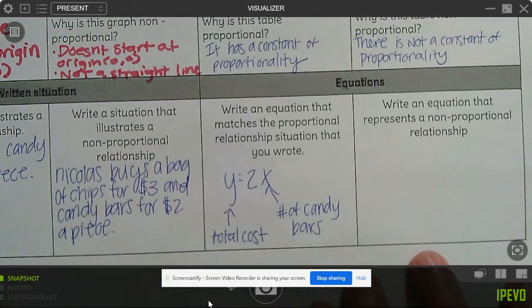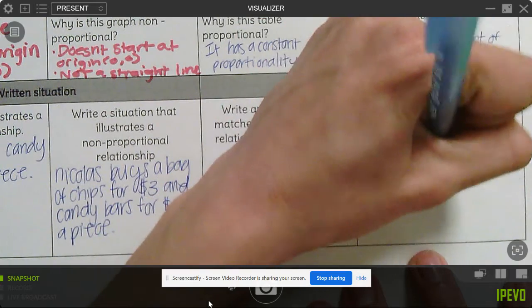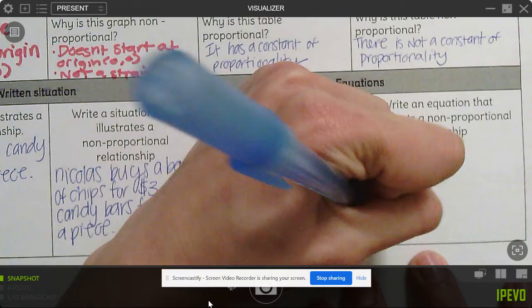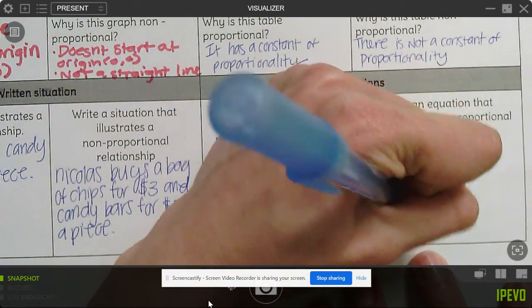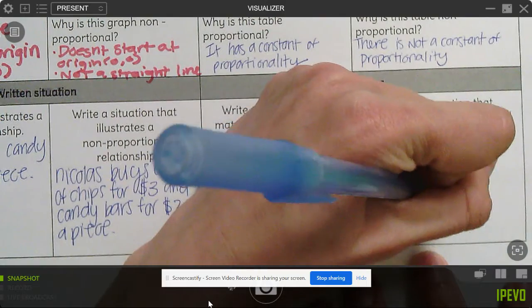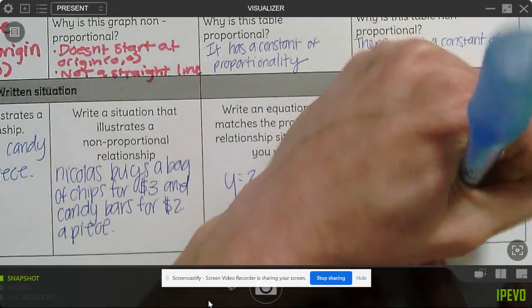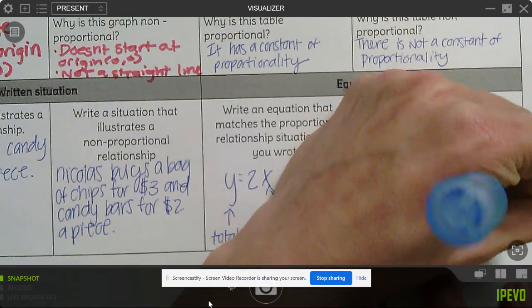And then for the non-proportional, it could be y equals $3 for the chips plus $2 times the number of candy bars, where y is total cost, $3 is the bag of chips, and x is the number of candy bars.